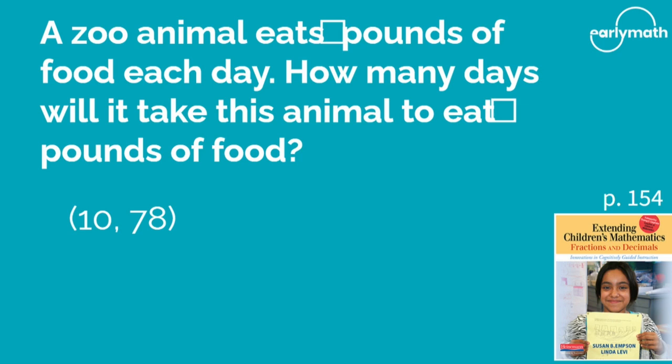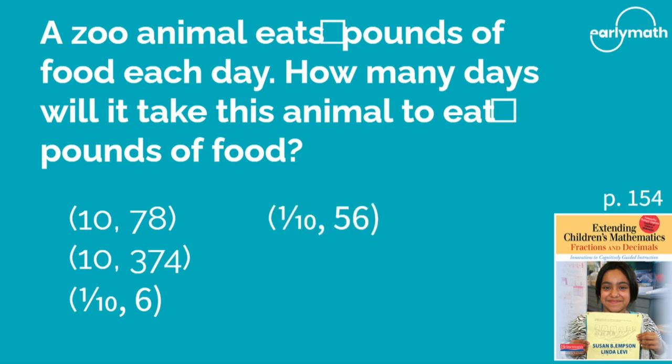But this is a base 10 version, like really operating off of our use of tens. I could have done this with even bigger numbers, right? Again, building groups and groups of tens. I might start to think what we just did earlier, 1/10, right? And 6 pounds of food, 1/10 and 56 pounds of food. Maybe I get into 1/10 and my pounds of food is 45 and 1/10, right?